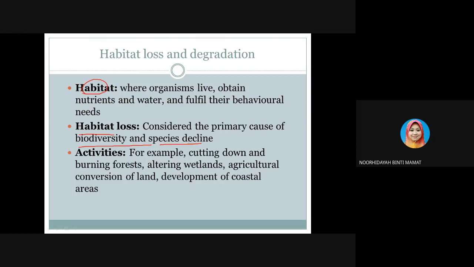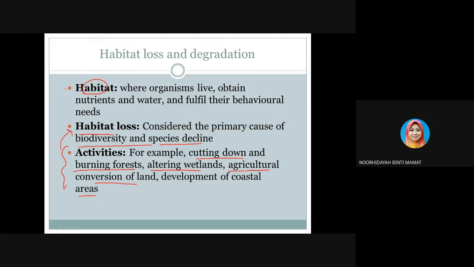There are several activities that affect habitats, for example cutting down and burning forest, altering wetlands, agricultural conversion of land, and also the development of coastal areas.